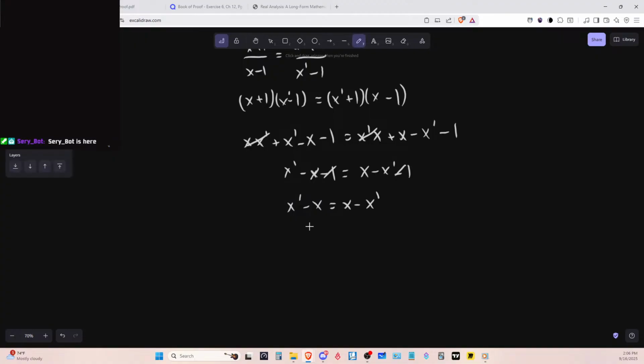So then we're left with, so we do this, that'll leave us with 2x prime on this side, and then 2x on this side. Therefore x prime is equal to x, or x is equal to x prime.